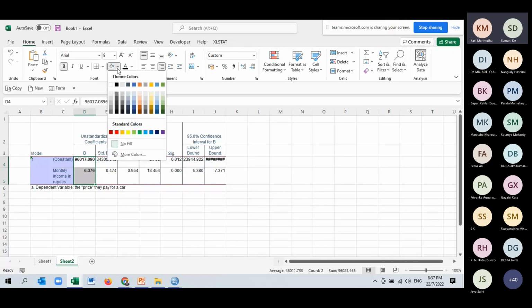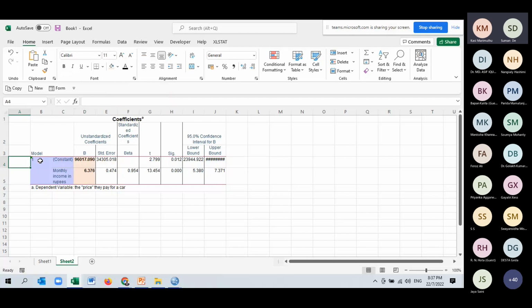So this we call the intercept, otherwise A. This is the slope, or B. What is the equation?